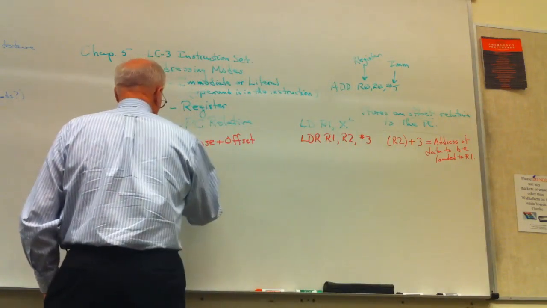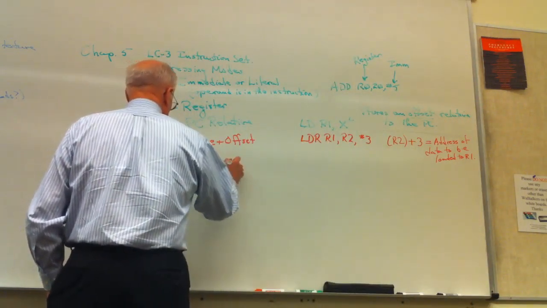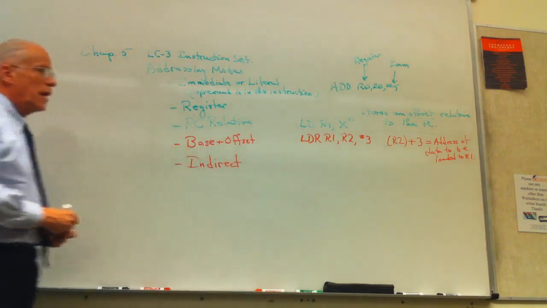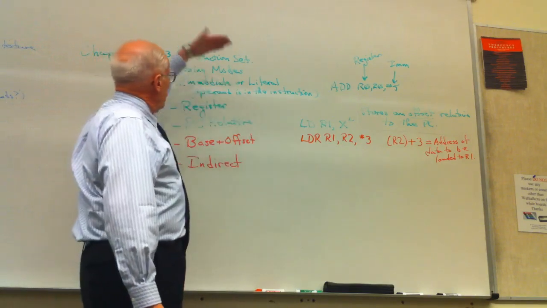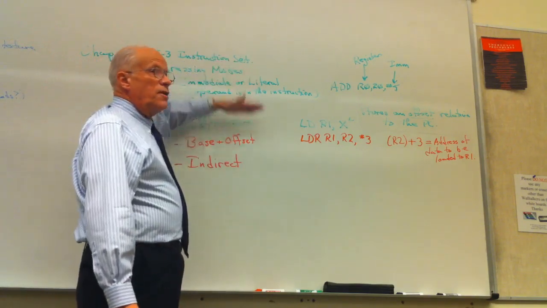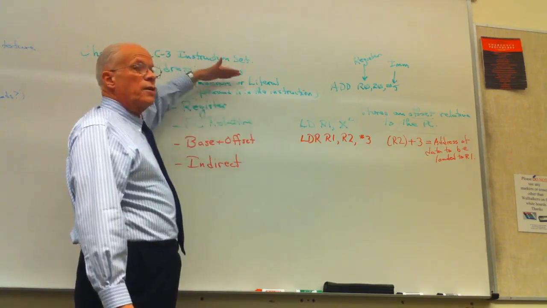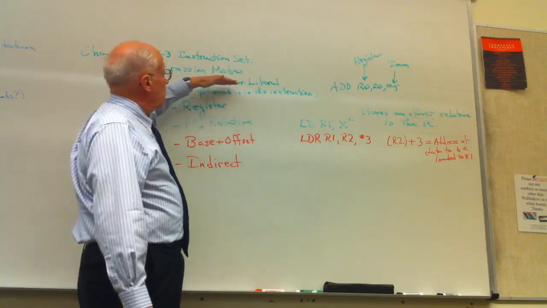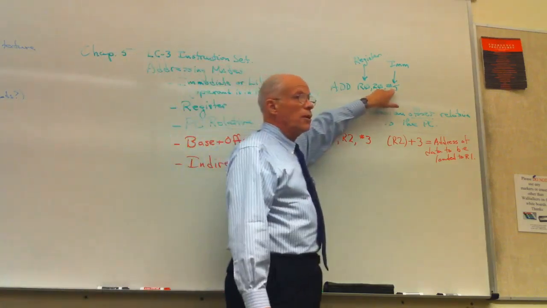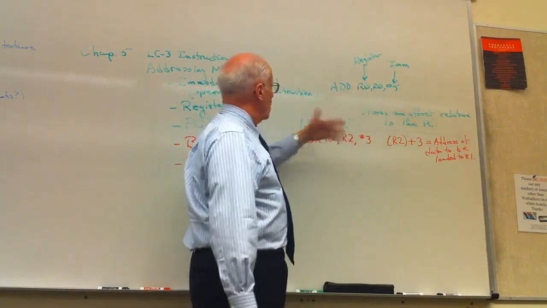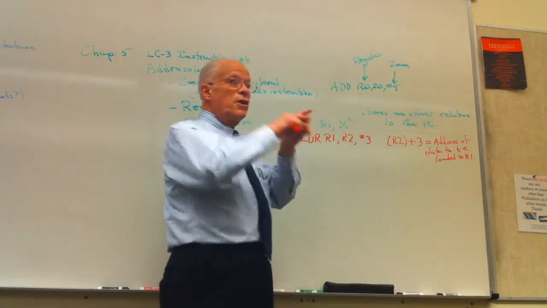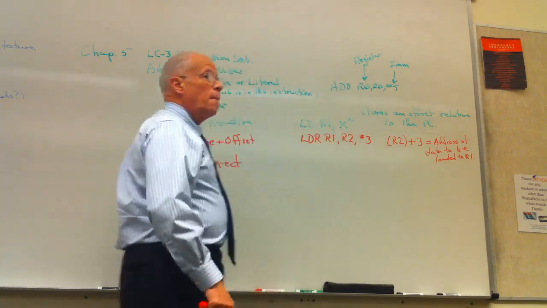And everybody's favorite, indirect. If you think about it this way, all of these modes, you're going directly to your operand. Either directly to it within the instruction, in a register, or you compute an address here and go right to the operand.